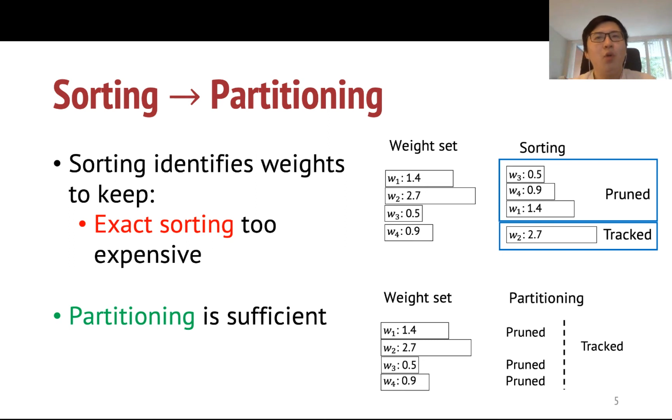For example, when new weights are generated, we can maintain a threshold to classify them into the tracked and the pruned set. And the threshold will be adjusted with new incoming weights. We use a streaming quantile estimation algorithm for predicting the dynamic threshold.